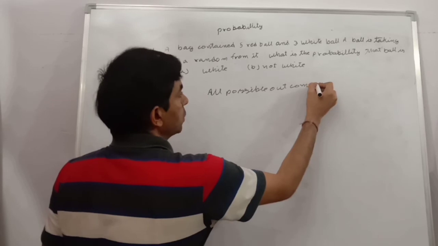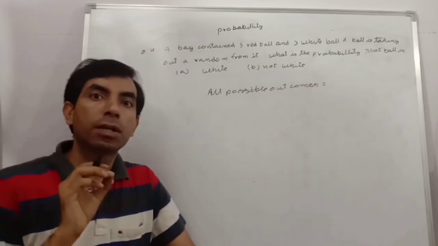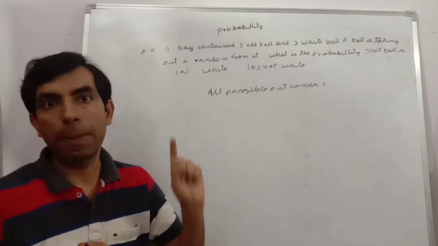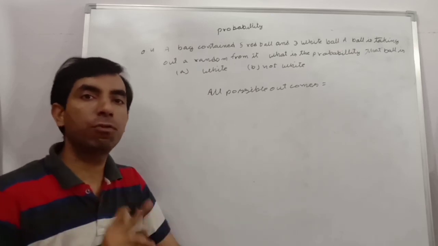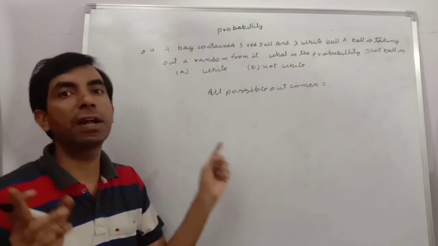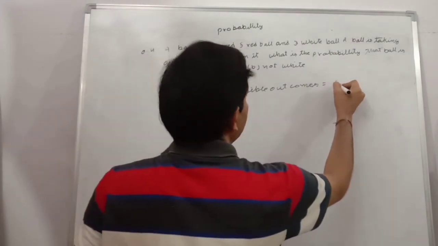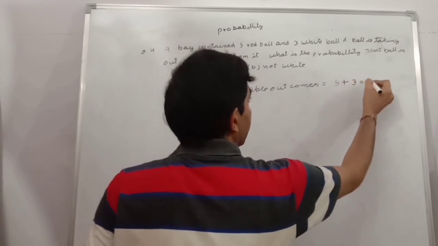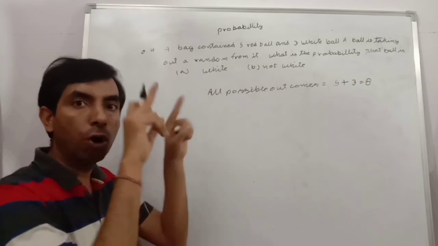For finding all possible outcomes, we know that for a coin toss, a coin, dice and a deck of cards the possible outcomes are fixed. But if we are given some numbers of things, then we have to find all possible outcomes by adding all these things. Here we have 5 red balls and 3 white balls. So all possible outcomes is 5 plus 3, 8.